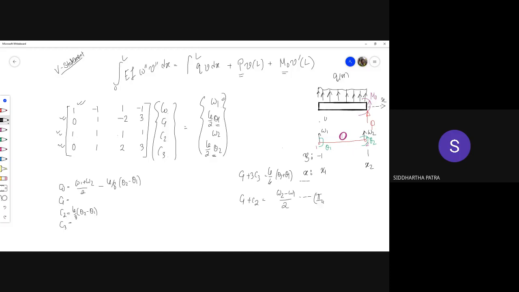2 from new equation 1, then I'll have twice C3 equals LE by 4 theta 2 minus theta 1 minus W2 minus W1 by 2. Then I will divide by 2 and end up having this expression.